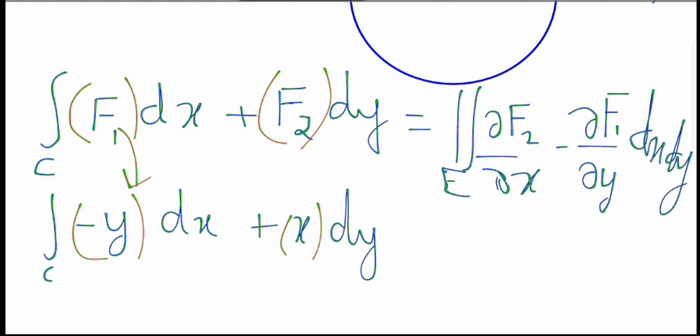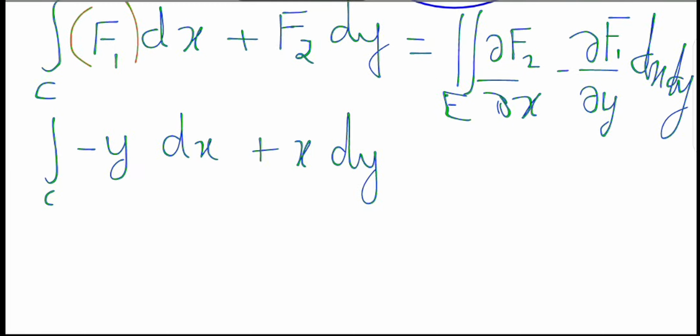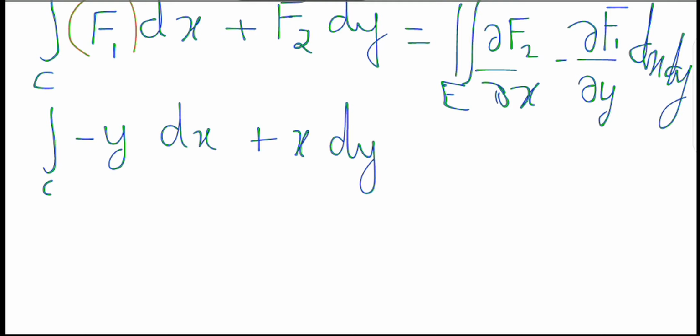Precisely, f1 should be minus y and f2 should be exactly equal to x. Let's put those in the formula, so the left side is the integral over the closed curve of minus y dx plus x dy.